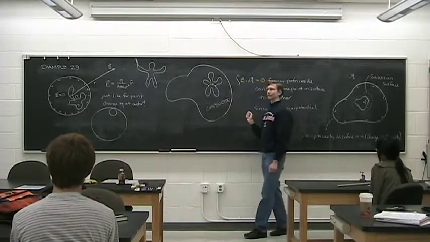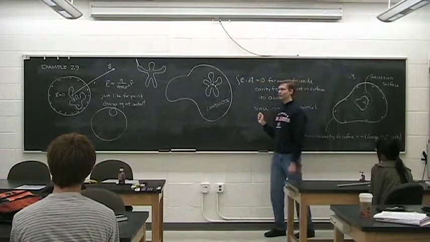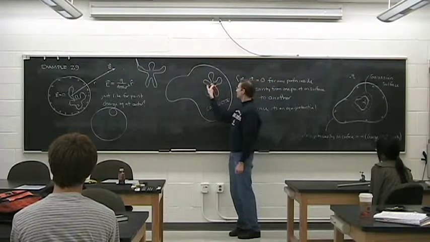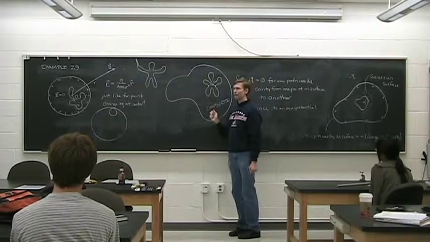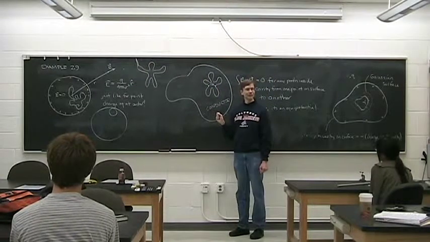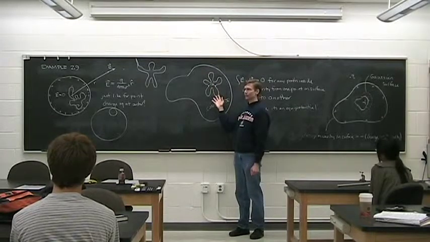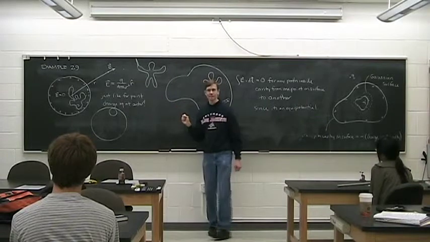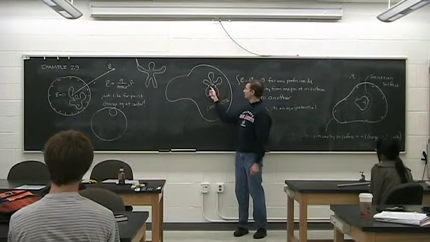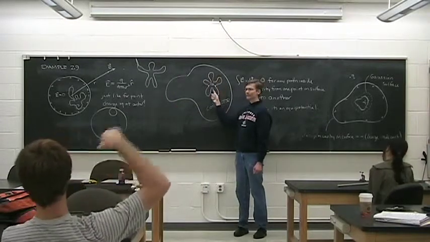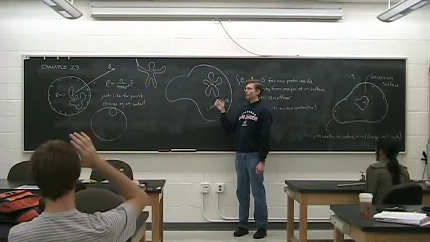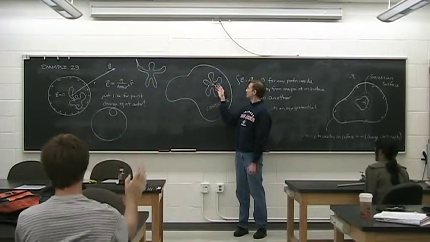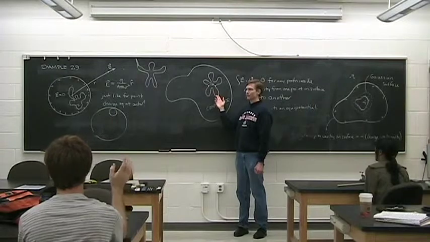So really, to make this conclusion, we have to jump ahead and invoke this uniqueness theorem that we haven't proved yet, which is that if you've got a hollow and there's no charge inside of it, and every point on the surface is at the same potential, then one way to make that work would be to assume the electric field is 0 everywhere inside.